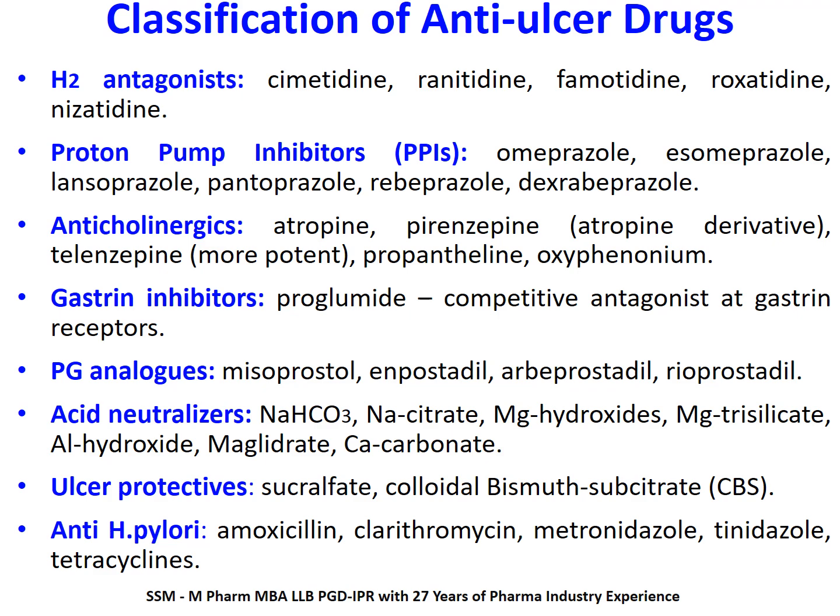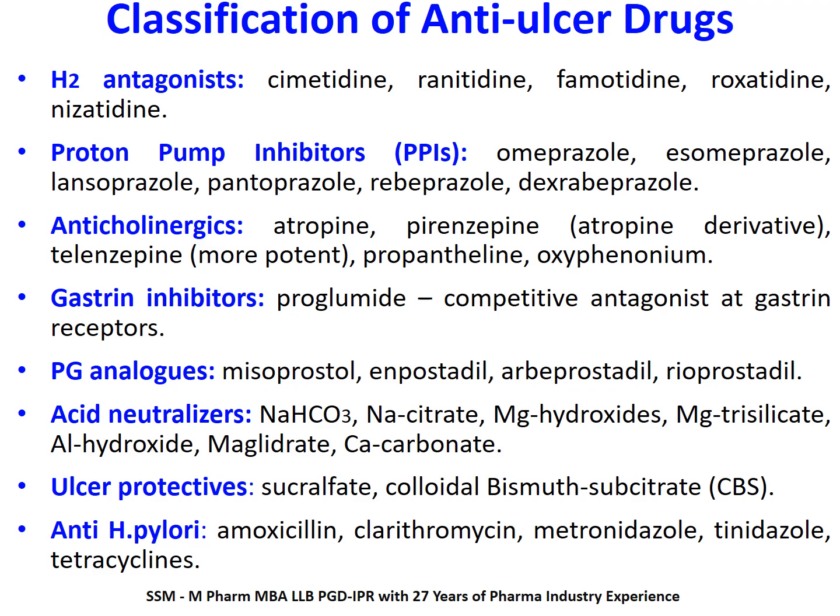Next class is anticholinergic drugs. These drugs block muscarinic receptors and prevent the action of acetylcholine on muscarinic receptors. If muscarinic receptors are not stimulated, then the proton pump on parietal cell will not be stimulated, and that will lead to decrease in acid secretion.